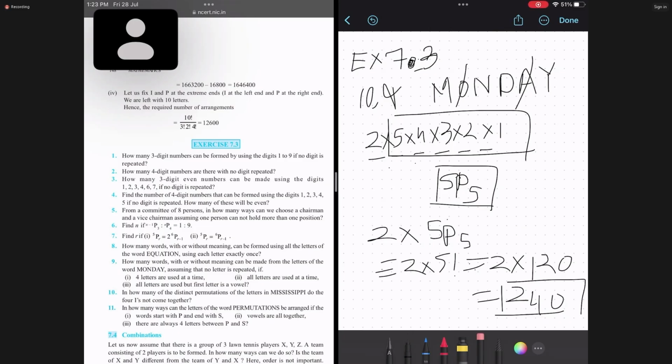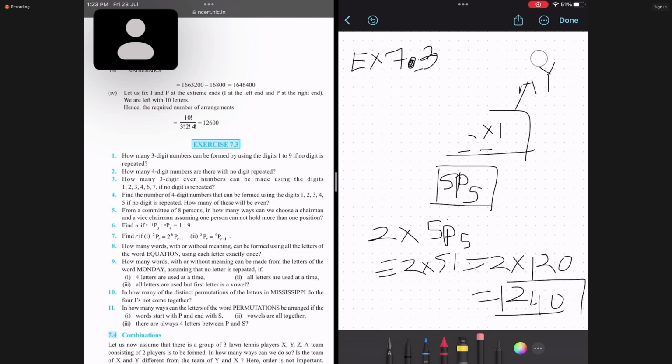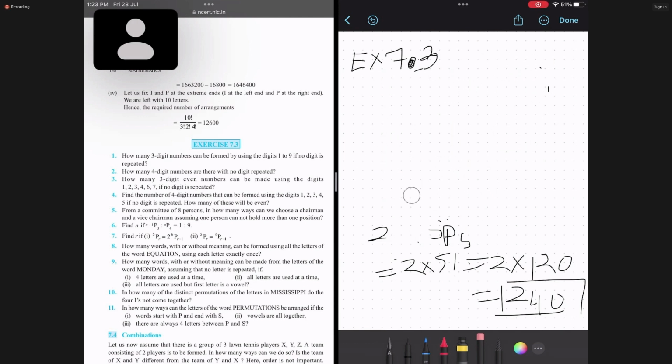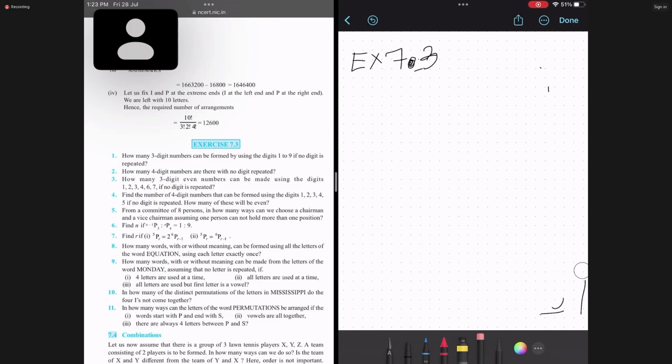Now moving on to question number 10. Question number 10 is also an interesting question. We have been asked: in how many of the distinct permutations of the letters in Mississippi do the 4 I's not come together?